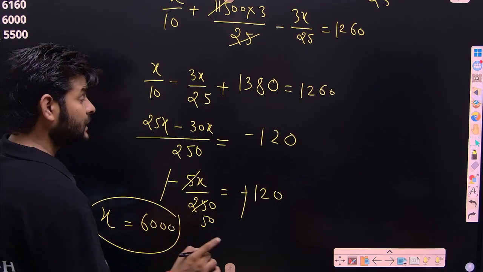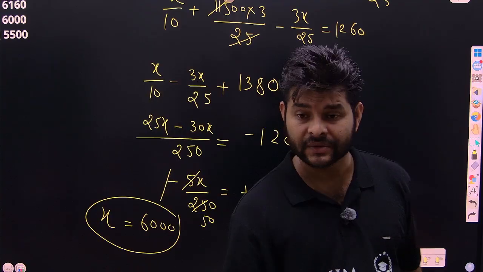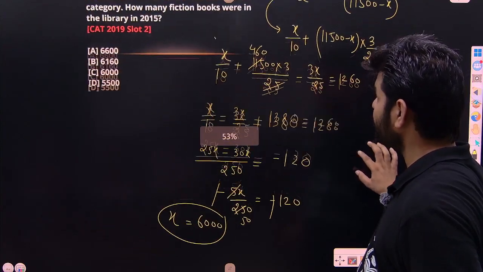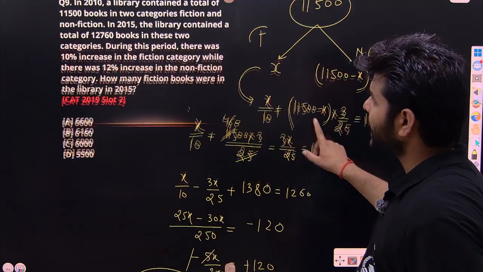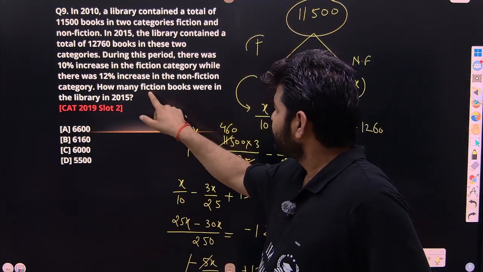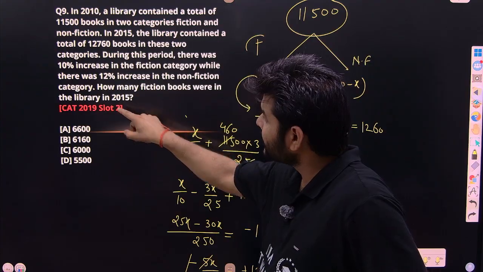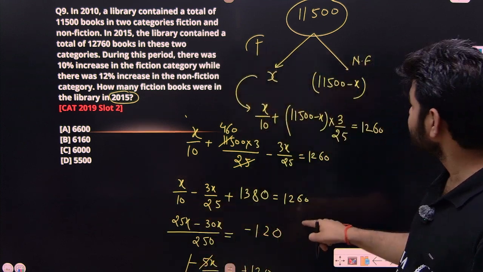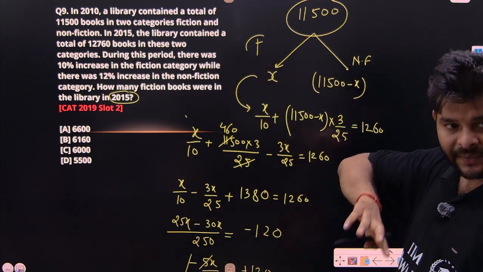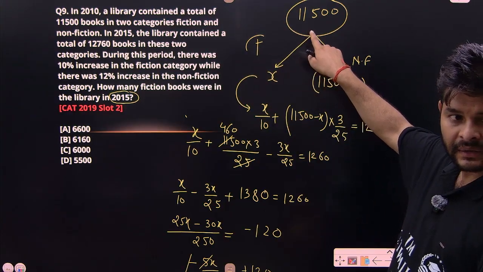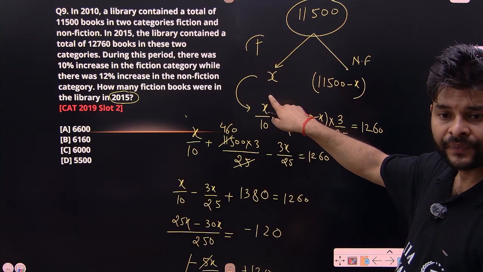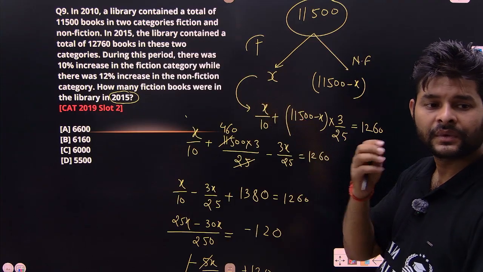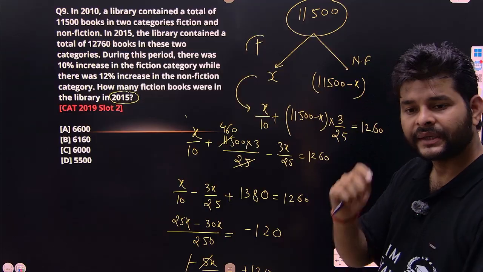That means in 2010, 6,000 is not the answer. What is 6,000? What have we been asked? We have been asked how many fiction books were in the library in 2015. This is the condition of 2010. We initially considered X books were fictional in 2010.